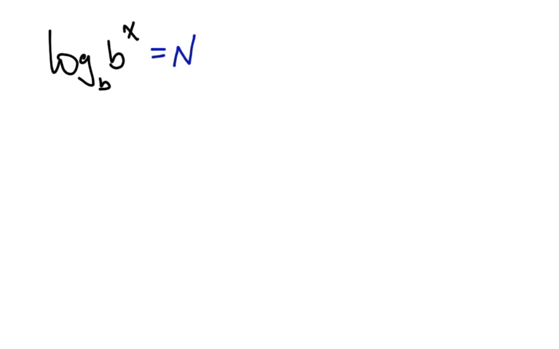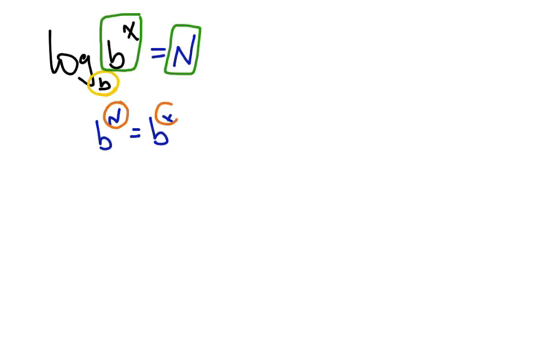We would keep the same base, b, and switch the other two around. So b to the n is equal to b to the x. And now it should be fairly obvious that n is equal to x.